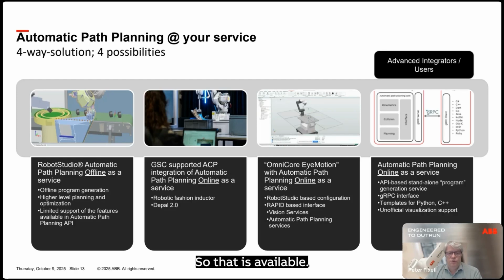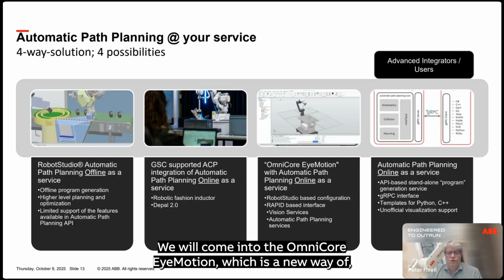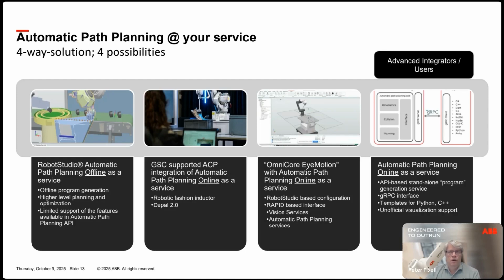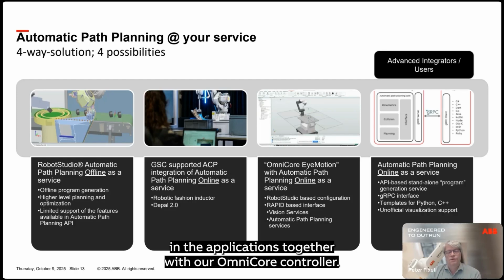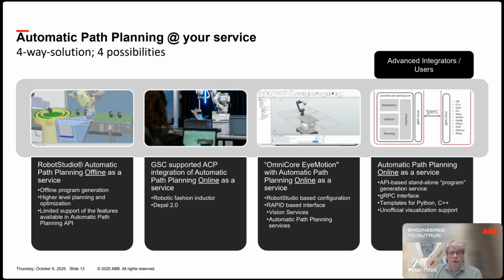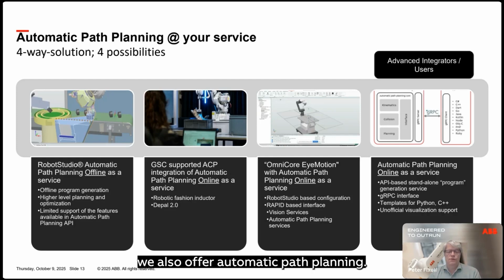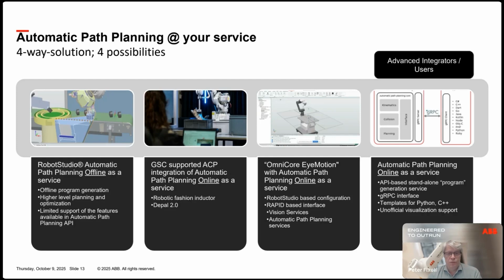So that is available. We will come into the OmniCore iMotion, which is a new way of using vision capabilities in Robot Studio in the applications together with our OmniCore controller. In that solution, we also offer automatic path planning.